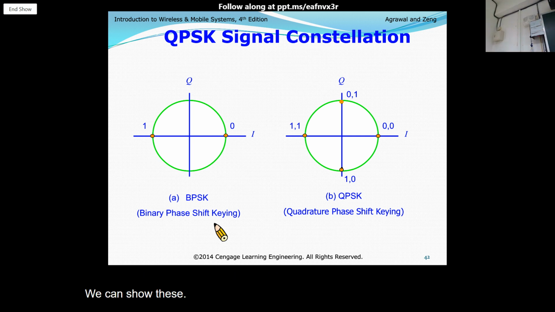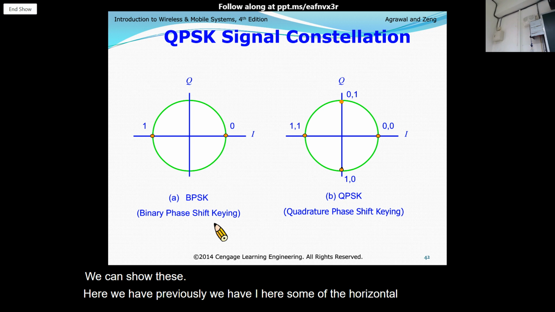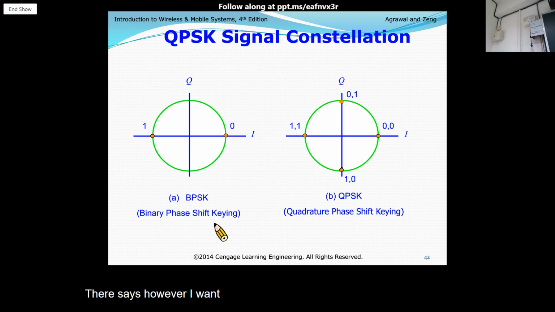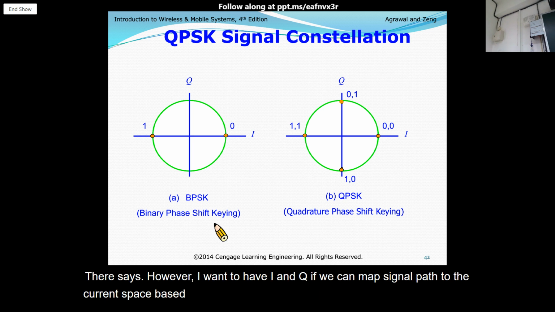Here previously we have I, something like horizontal phase, and Q phase. Why do we want to have I and Q? We can map the signal space to the current space based on the plane to show something.